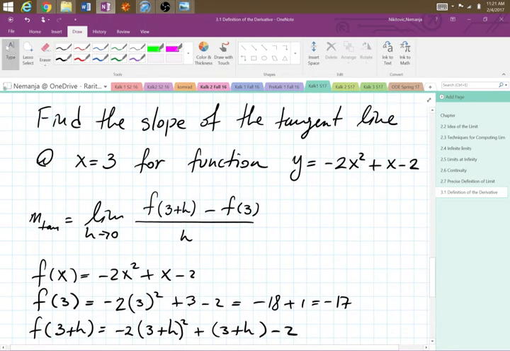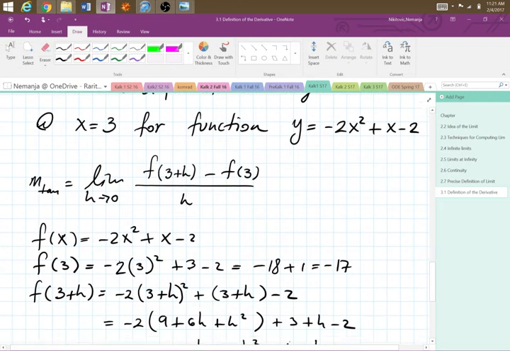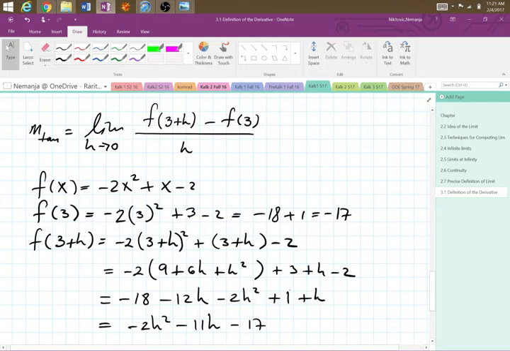Find the slope of the tangent line at the point x equals 3 for function y equals over here stuff. So we are going to put our difference quotient together, take the limit, and that will give us the slope of the tangent line. So slope of the tangent line works out to be, we plug in 3 for those x's, and we have f of 3 plus h minus f of 3 divided by h.